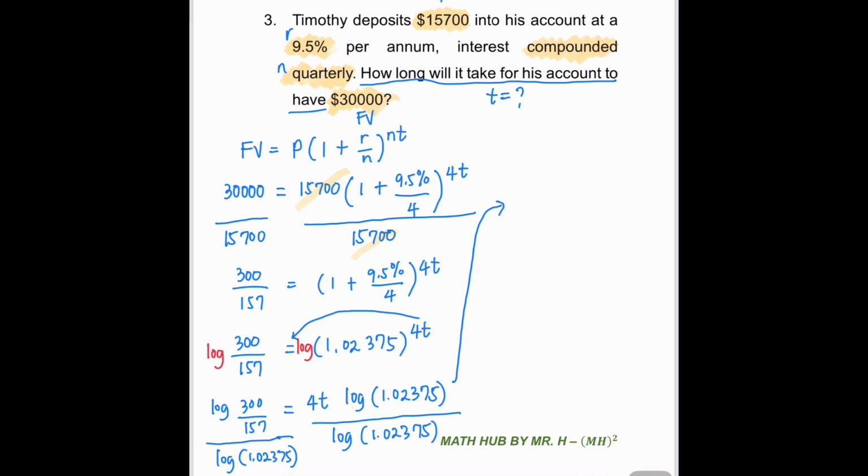Log of 1.02375 divided by log of 1.02375 is going to give us 1, or just simply cancel. And the right hand side will give us 4t. And we just simply copy everything on the left hand side. At this point, the left hand side of the equation, you need to type everything on your calculator in one go.